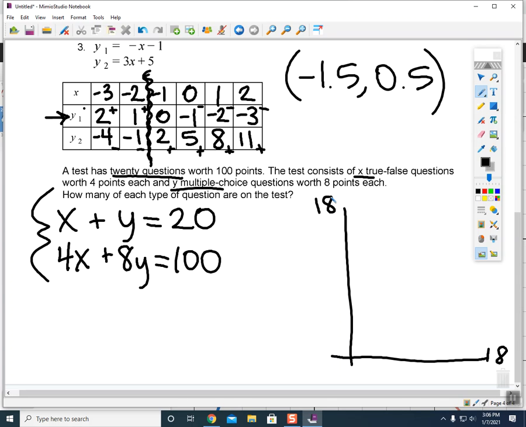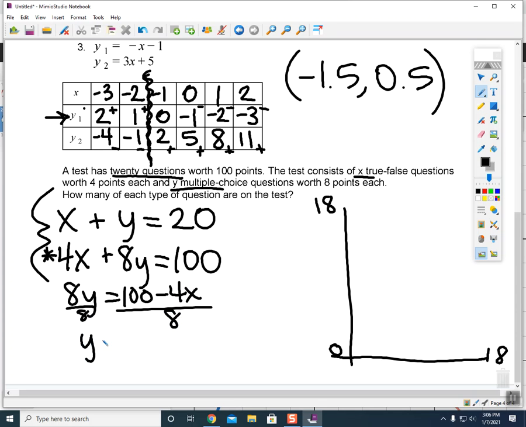Now, here's the tricky part, right? We have what seem like pretty straightforward equations, but if we solve the second one to be in slope-intercept form, first I would get rid of my 4x. So it would be 8y equals 100 minus 4x, right? Divide everything by 8.